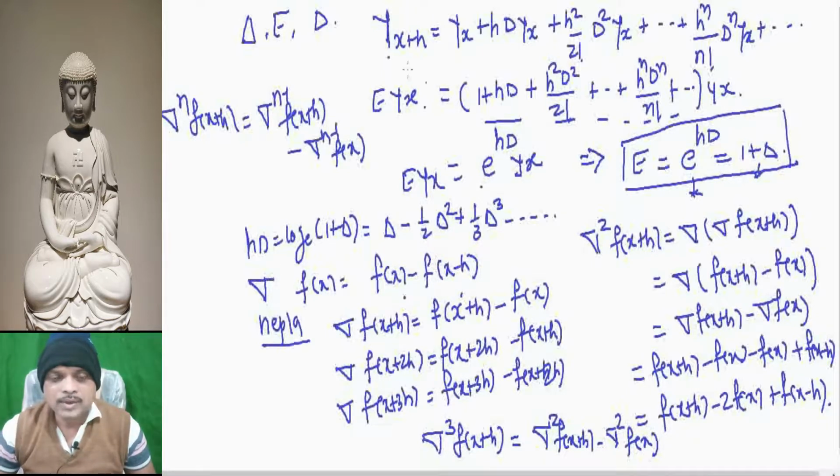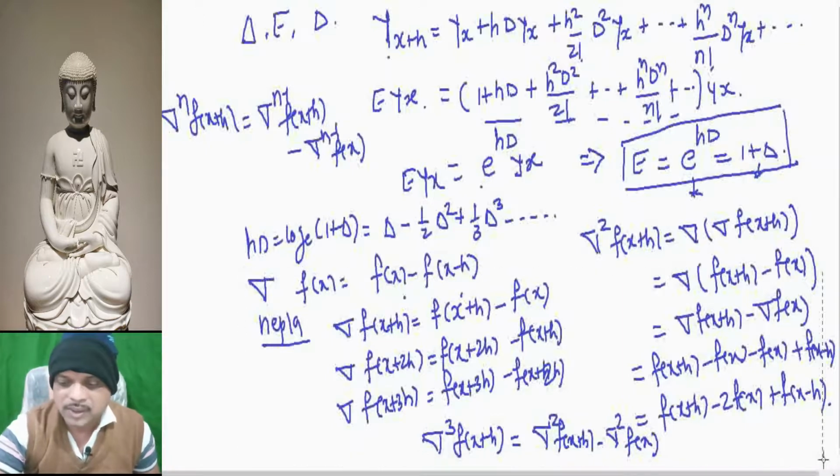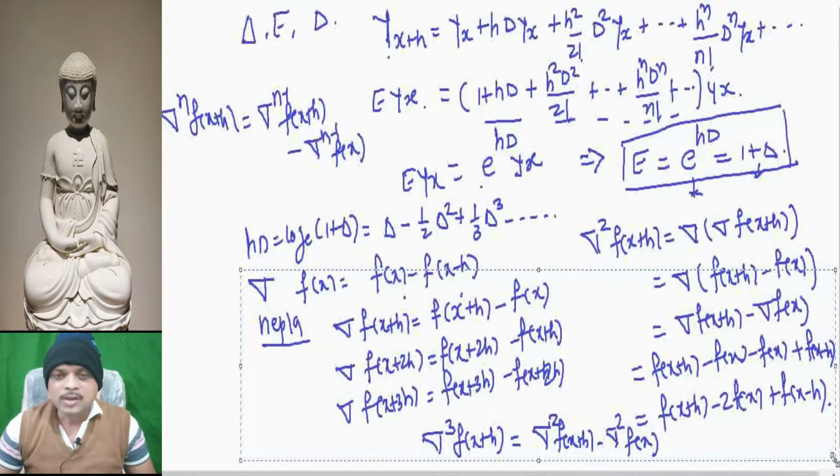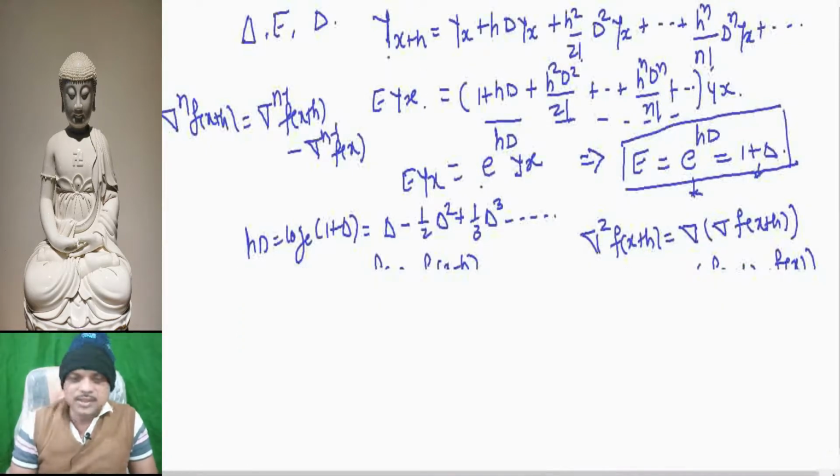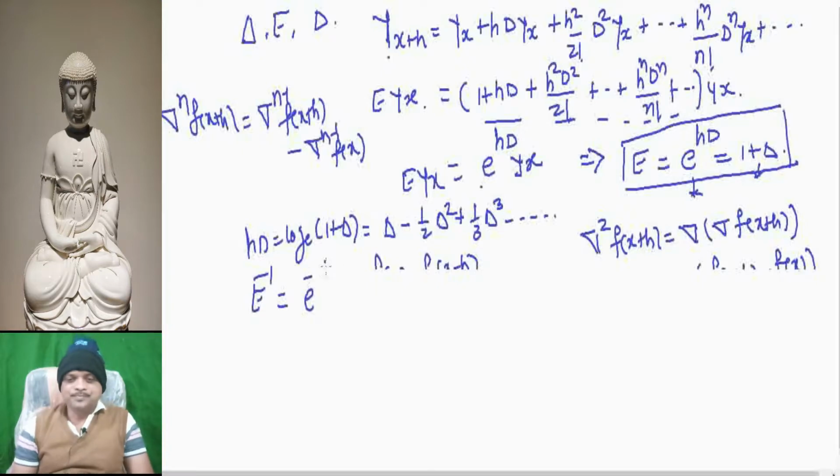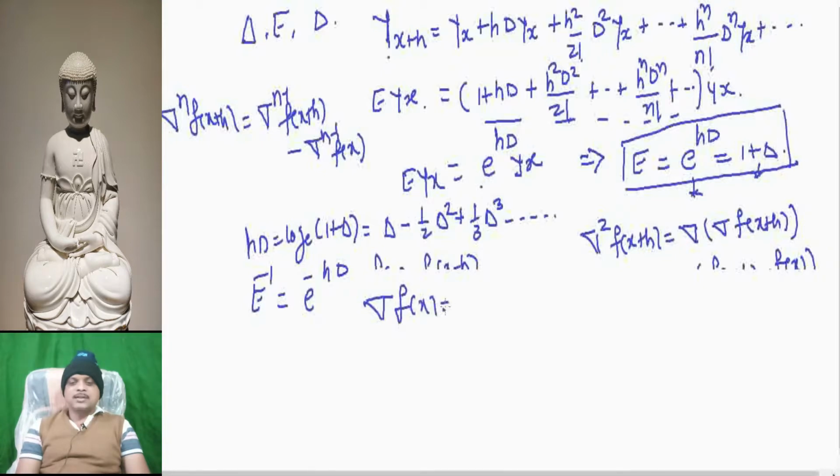Now, here we have defined the relation between the derivative and the shifting operator. We use that operator E equals e raised to hD. Therefore, E raised to minus 1 equals e raised to minus hD. And we have just seen that nabla of f(x) equals f(x) minus f(x minus h).